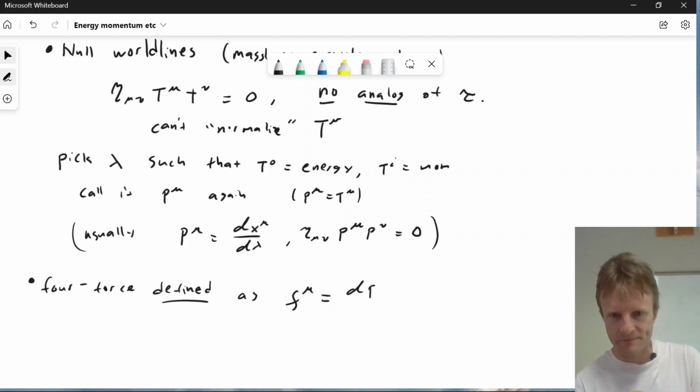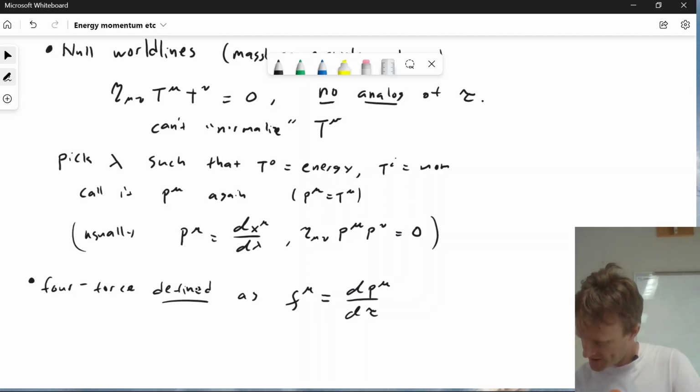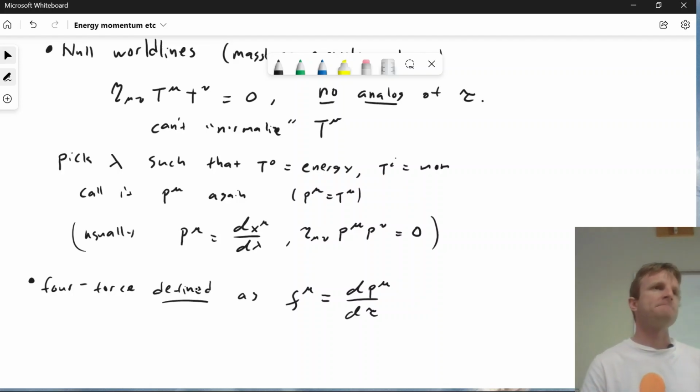So dp mu d tau. And relating that to the 3-force is something you'll explore on the homework. The extent to which you get relativistic corrections to F equals ma is going to be a homework problem for next week.